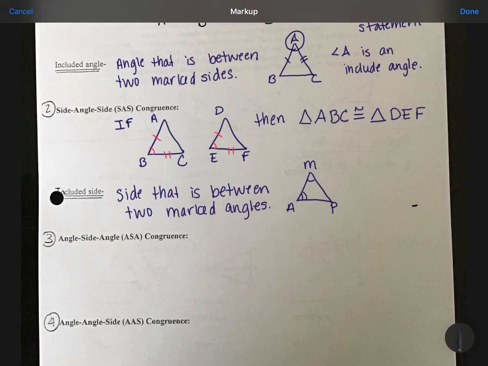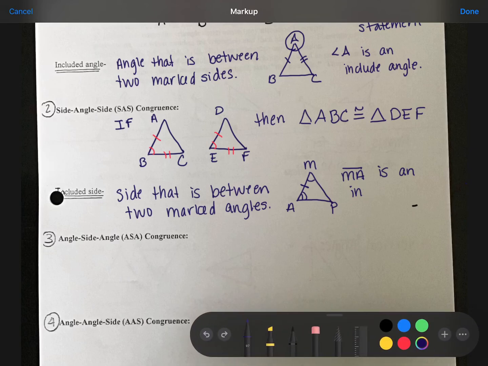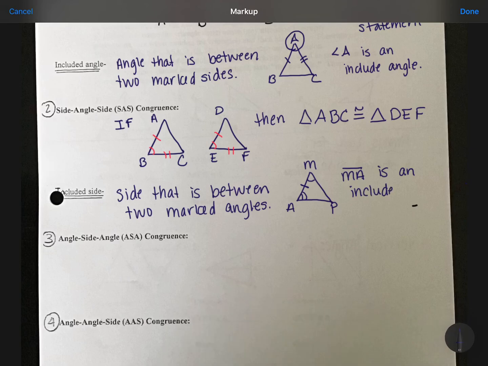So the side that falls between these two marked angles is MA. So MA is an included side. Okay, so any side that falls between the marked angles is called the included side.